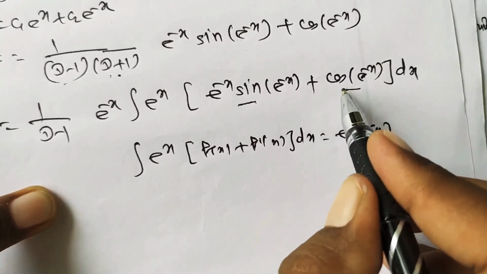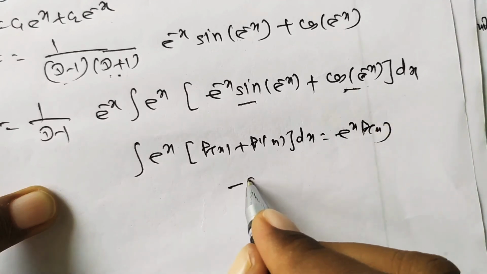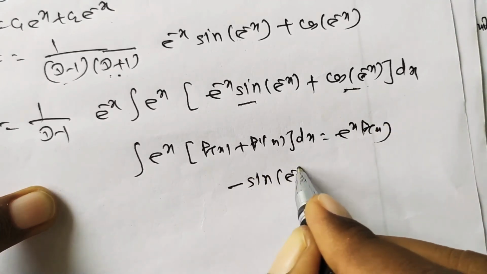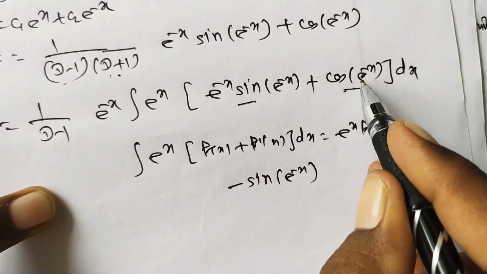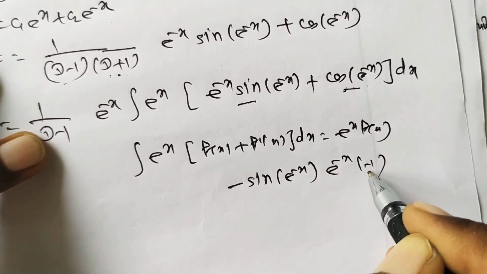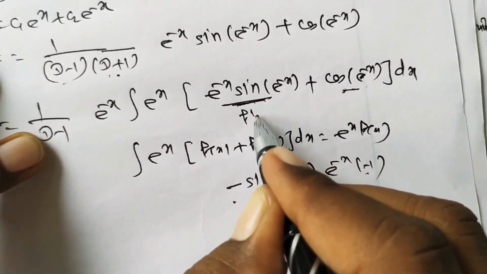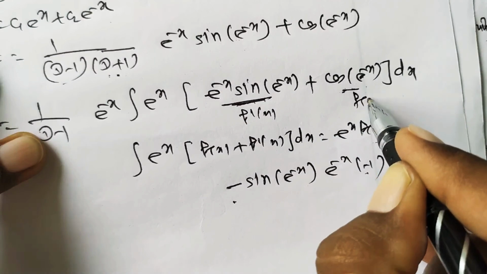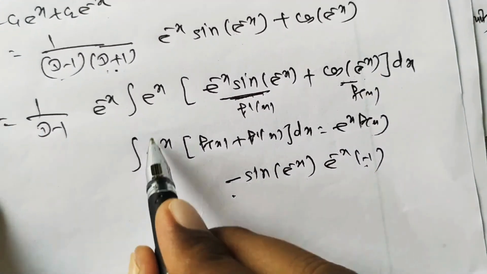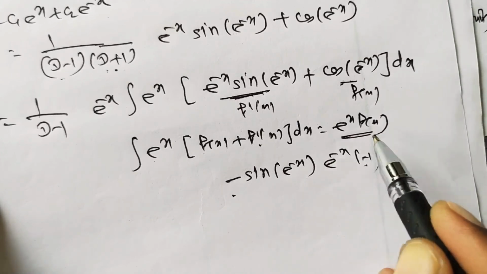If we take f of x equal to cos of e raised to minus x, then the derivative of cos is minus sine of e raised to minus x, into the derivative of e raised to minus x, which is e raised to minus x into minus 1. So minus times minus gives this term. So this is f dash of x and this is f of x. So the formula is that the integration of e raised to x into f of x plus f dash of x is equal to e raised to x into f of x.